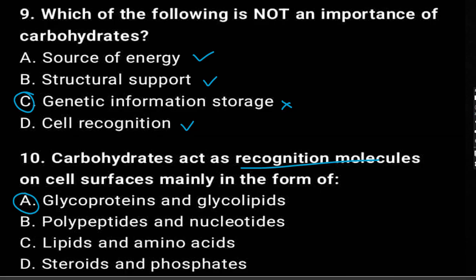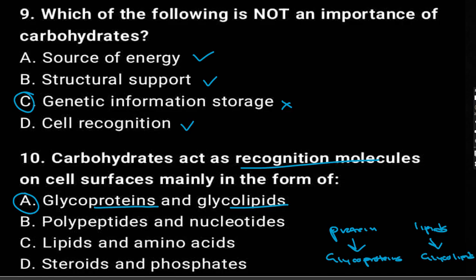I said that on the cell membrane, carbohydrates are attached to proteins and lipids. Carbohydrates attached to proteins are called glycoproteins, and those attached to lipids are called glycolipids. This is what it means.